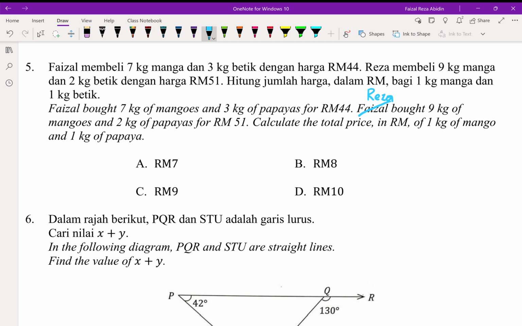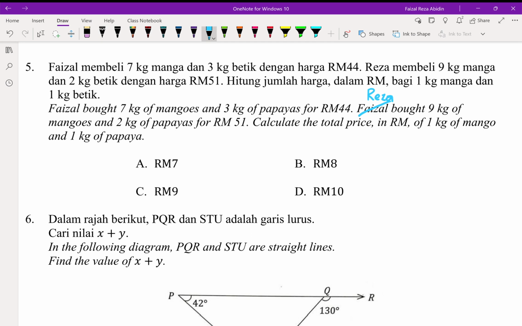Okay, I forgot to change the name there. Reza bought 9 kilogram of mango and 2 kilogram of papaya for 51 ringgit. Okay, the question: calculate the total price of 1 kilo of mango and 1 kilogram of papaya.